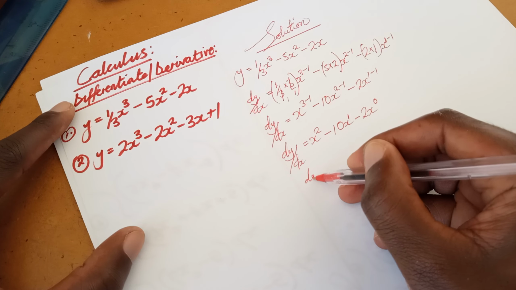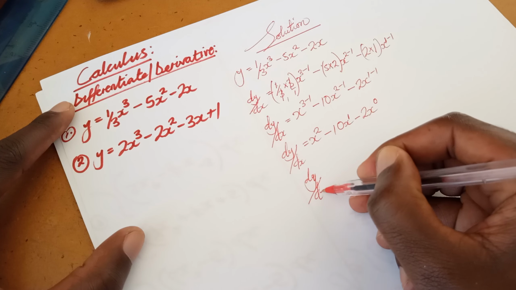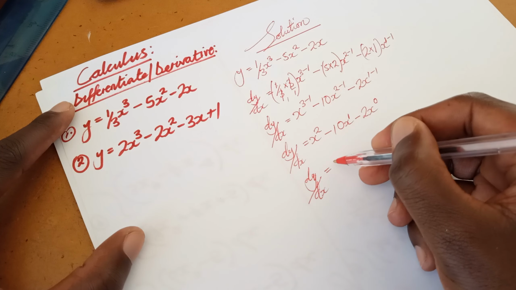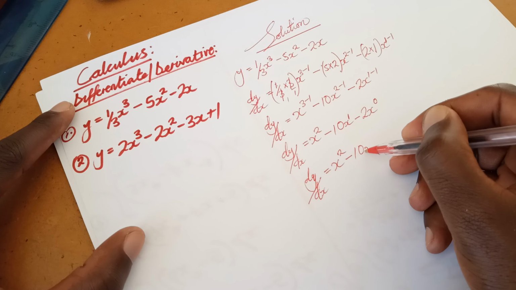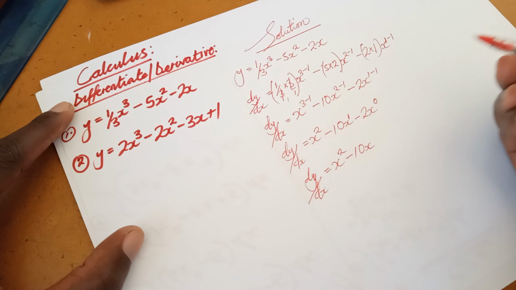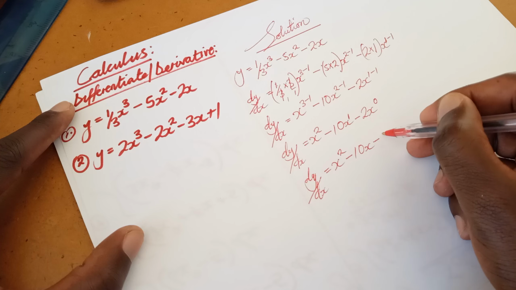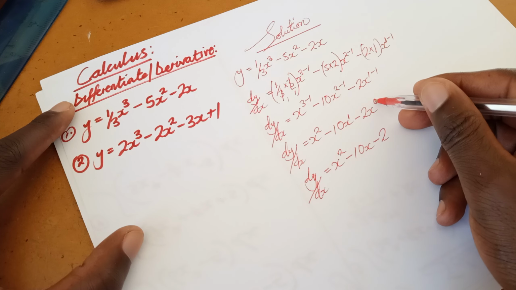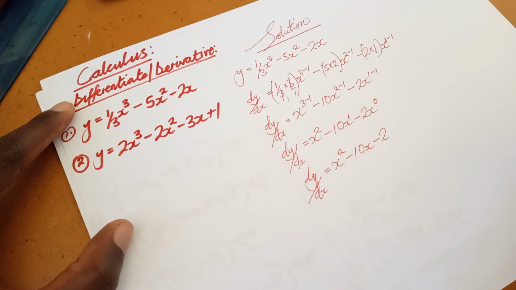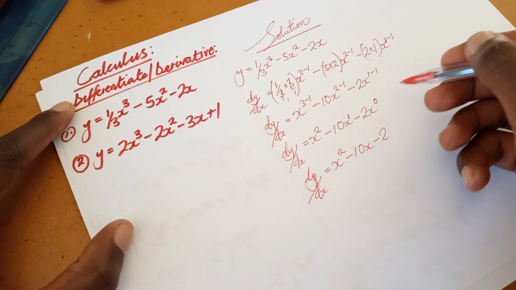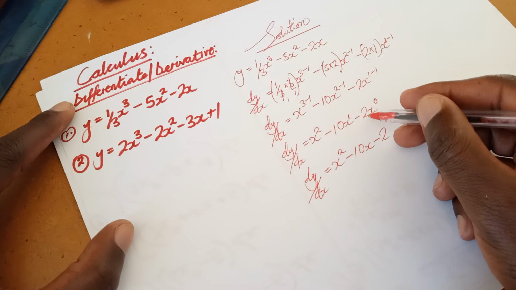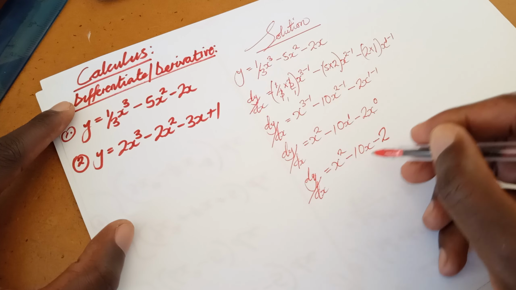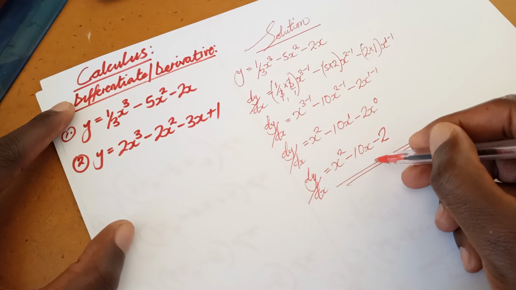So our final answer will be x squared minus 10x to the power of 1, which is the same as 10x, minus 2x to the power of 0. When you remember the indices, any number raised to the power of 0 is 1. So there you cannot write 2 times 1, just write 2. So that is our answer.